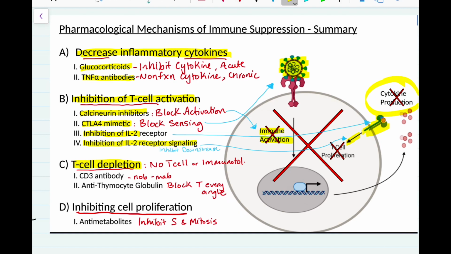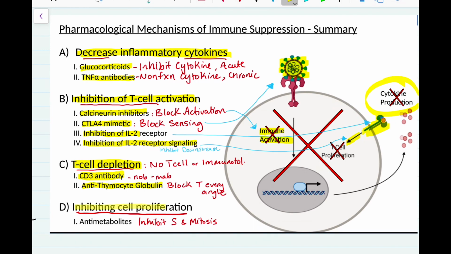And then third, or C, is T cell depletion, where we don't have any T cells. We have two types of mechanism. We have CD3 antibodies that end in either NOB, which are non-humanized antibodies, and then MAB. And then we have anti-thymocyte globulin, which blocks T cells from every different angle on the T cells, not just one single receptor like the CD3 antibody.